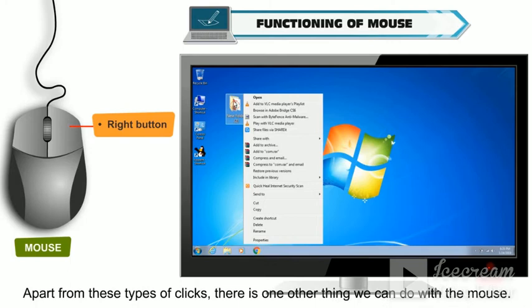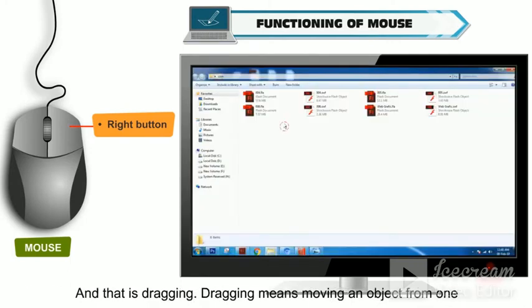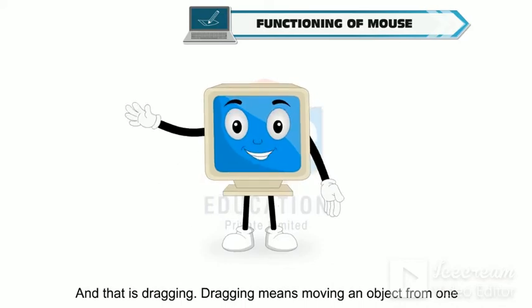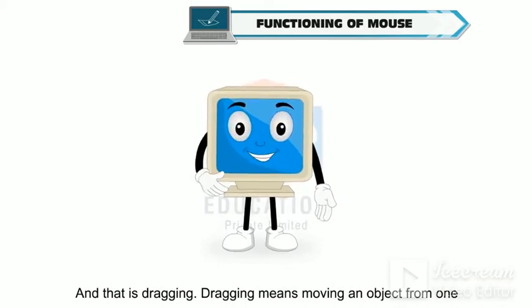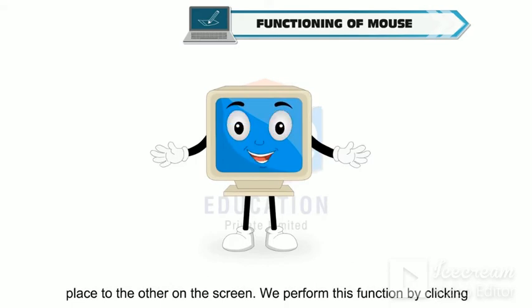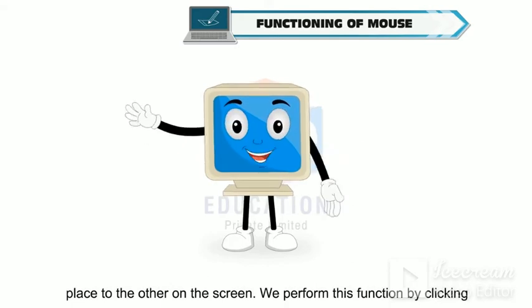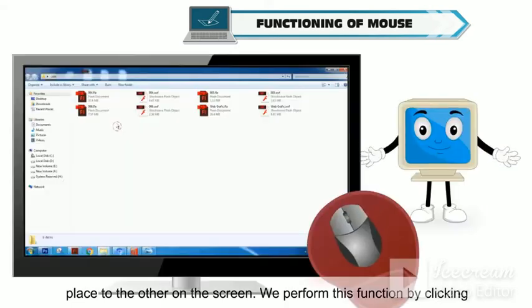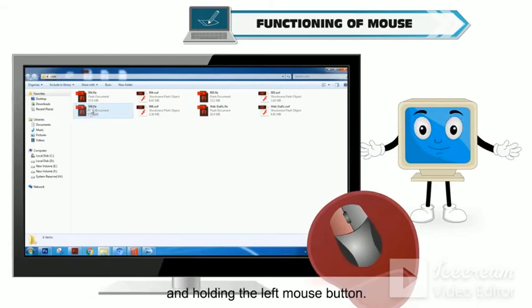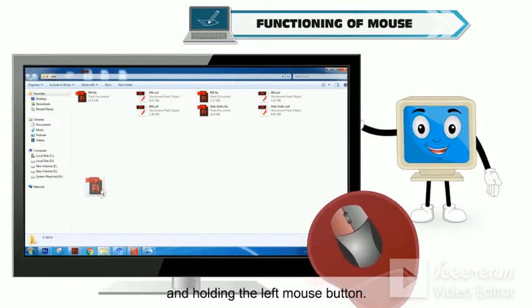Apart from these types of clicks, there is one other thing we can do with the mouse, and that is dragging. Dragging means moving an object from one place to the other on the screen. We perform this function by clicking and holding the left mouse button.